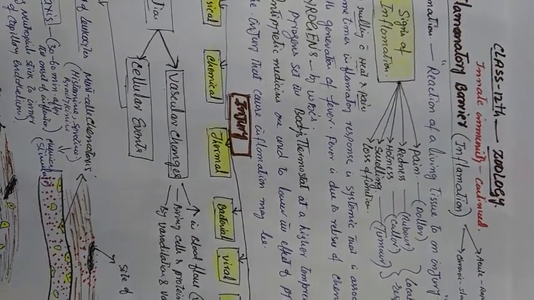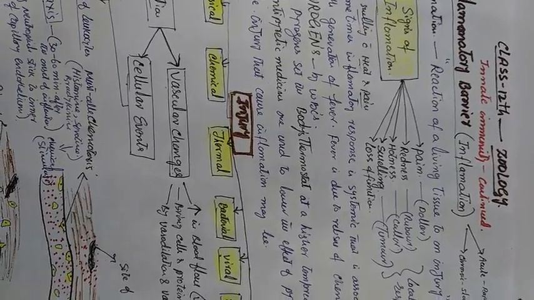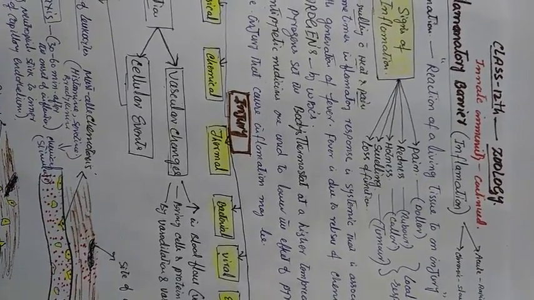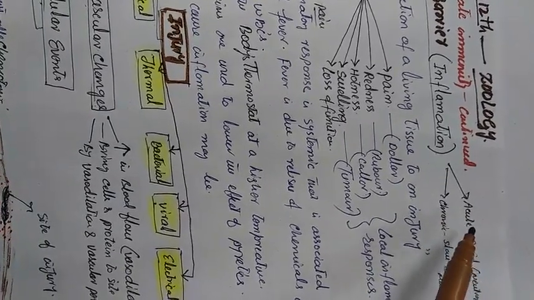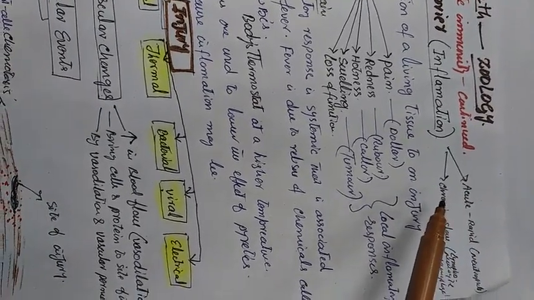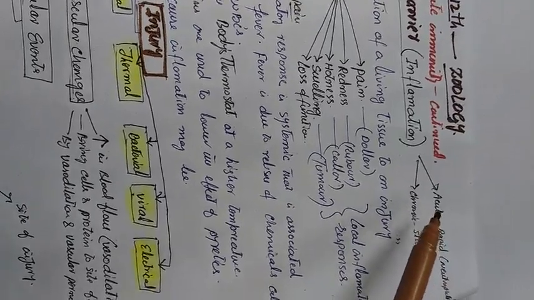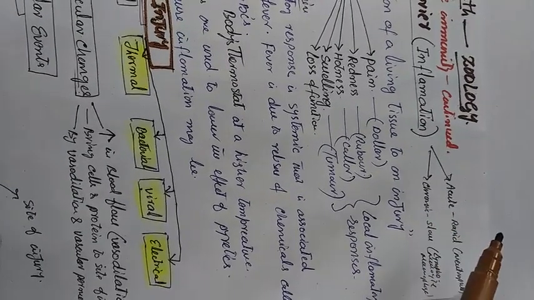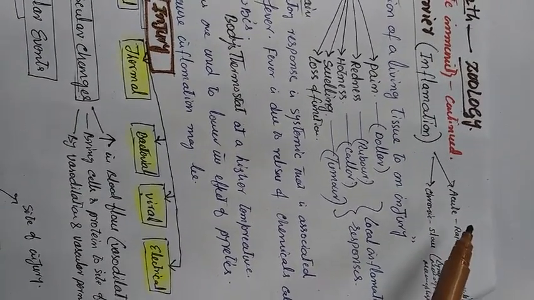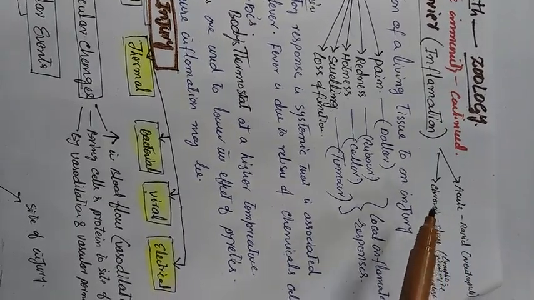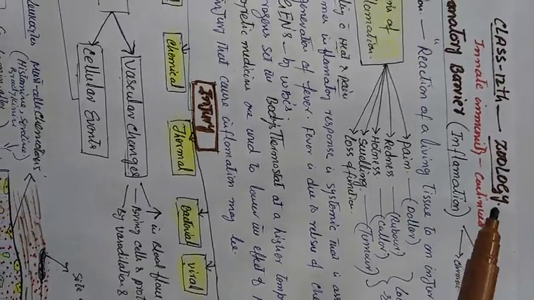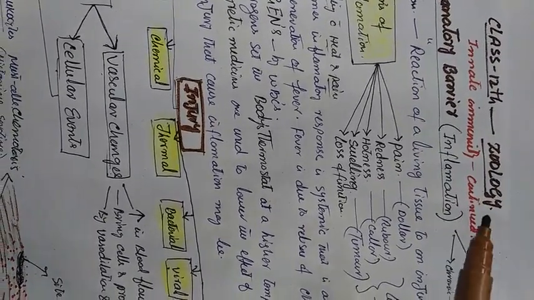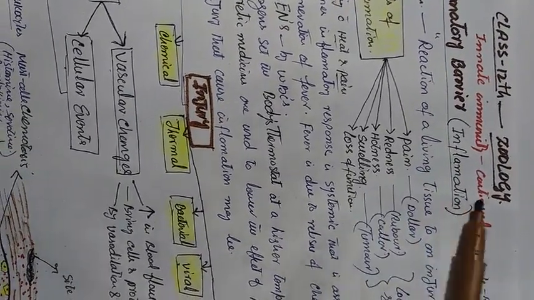This inflammation is broadly categorized into two types, acute inflammation and chronic inflammation. Acute inflammation is a very rapid type of inflammation, whereas chronic inflammation is a slow inflammatory response. First of all, we will discuss acute inflammation.